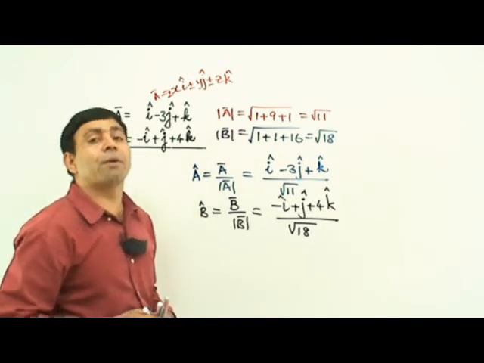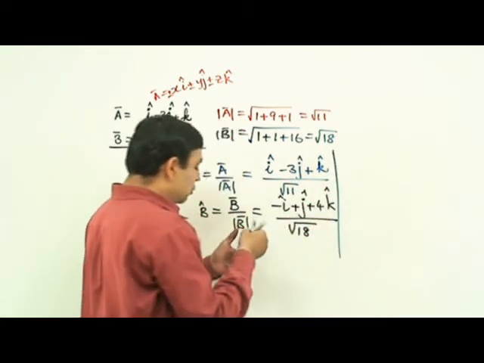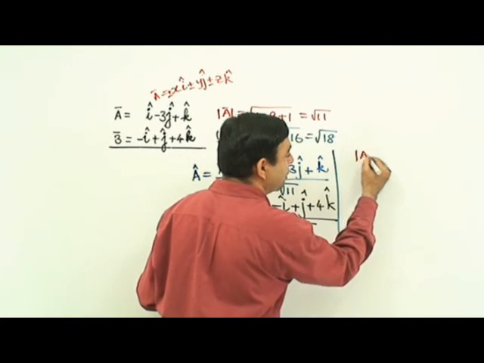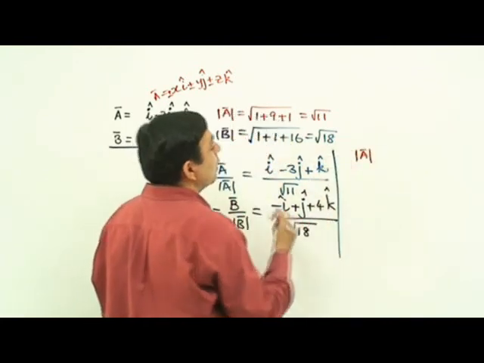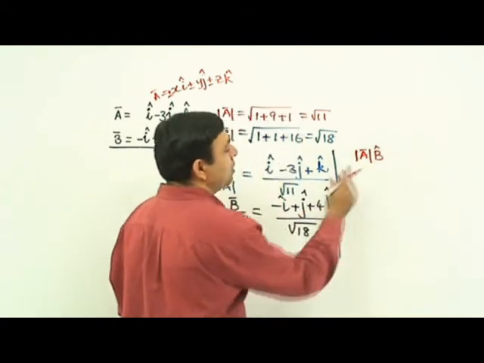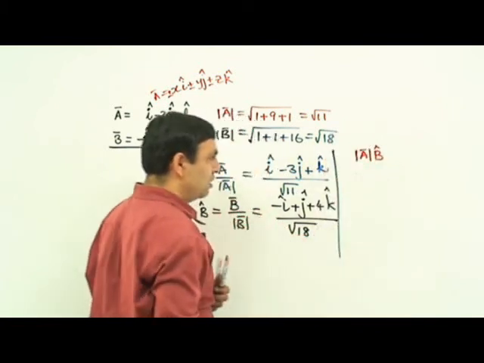Suppose I am asking you to compute a vector whose magnitude is the same as that of vector A, and direction is the same as that of B, then it is going to be this. Mod A will give you the magnitude of A, B cap will give you the direction of B. So what will be that vector?